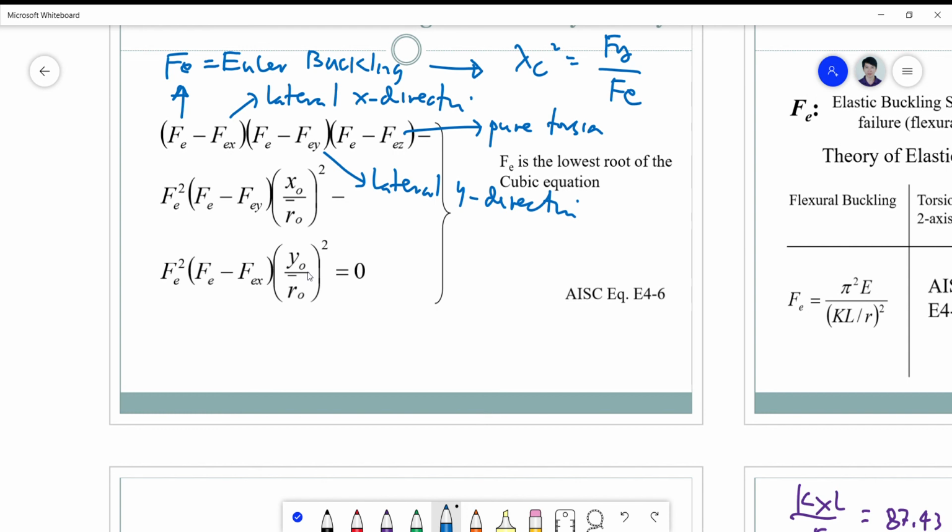The effect of the shear center is the one that is actually putting your section into a critical state when it comes to torsion. Okay, and this is equation E4-6. You just solve this equation. This is a cubic equation, and get Fe. That's your target there.